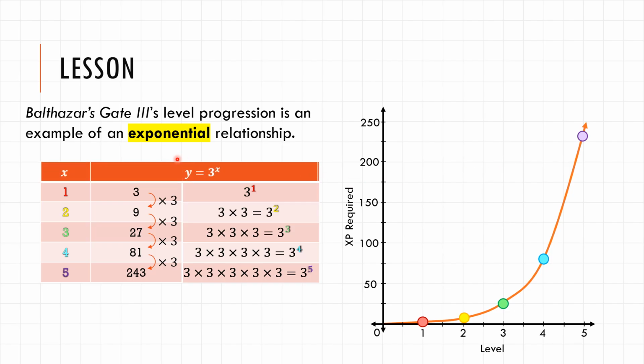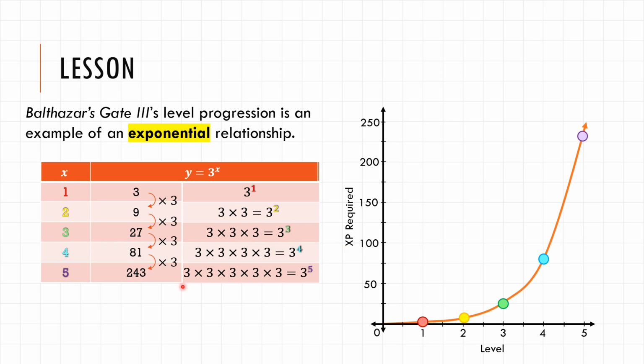This is one way I would write this exponential relationship. As x increases 1, 2, 3, 4, 5, the y values, or the output of this relationship, is simply 3 to the power of whatever that x value was. 3 to the power of 2, 3 to the power of 3, 3 to the power of 4 when x was 4.